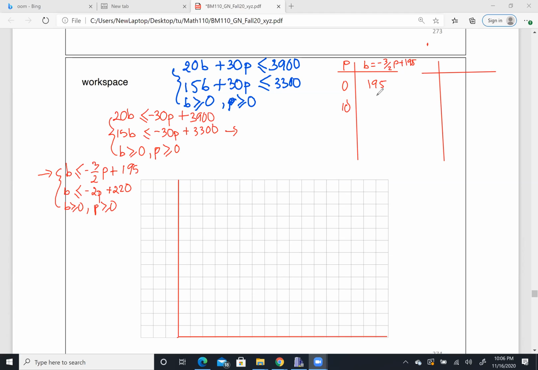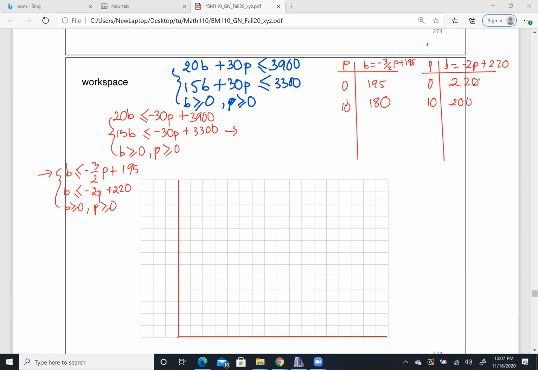So it's gonna be 180. And then the second one, I have B equal to negative 2P plus 220. So here is 0 and 220, and here P is 10, you're going to have 200.